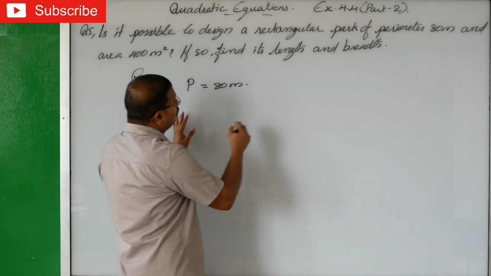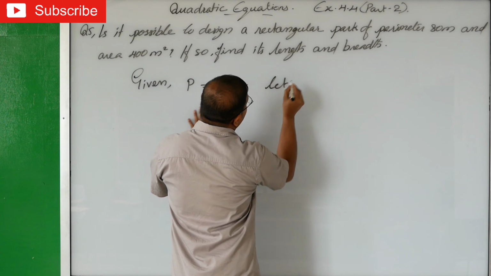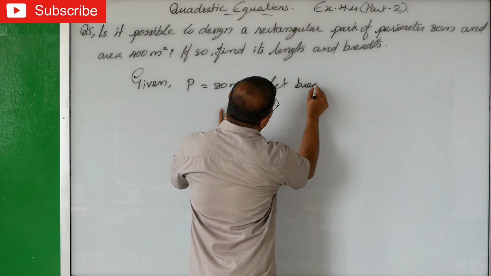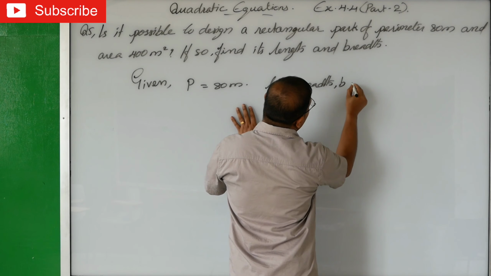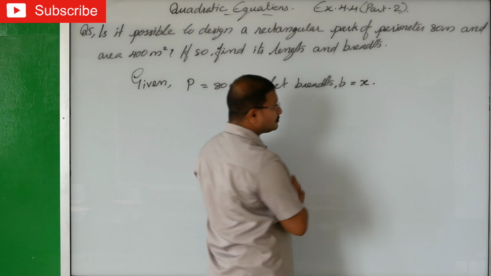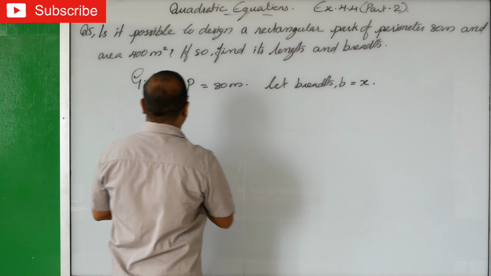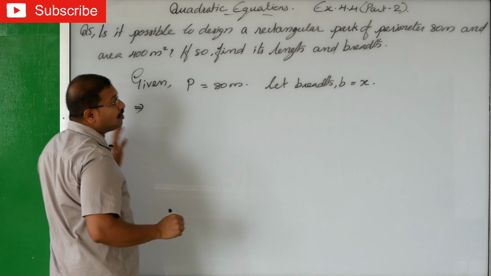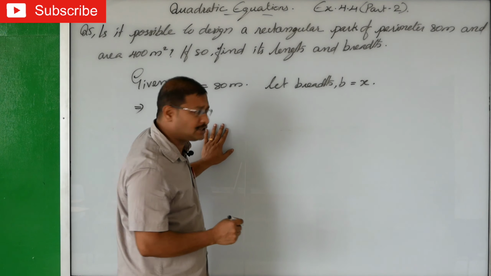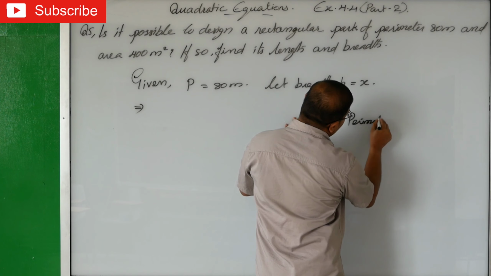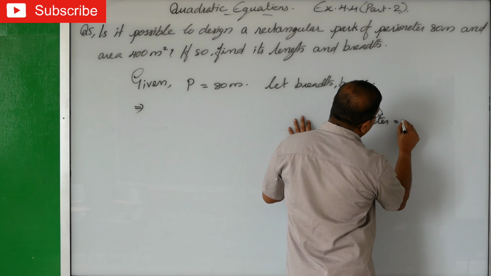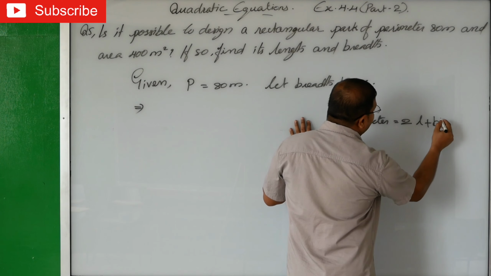Ready? So, we will take breadth b equals x. Therefore, this implies perimeter of a rectangular field. What is the equation? Perimeter of a rectangular field is 2 into length plus breadth.